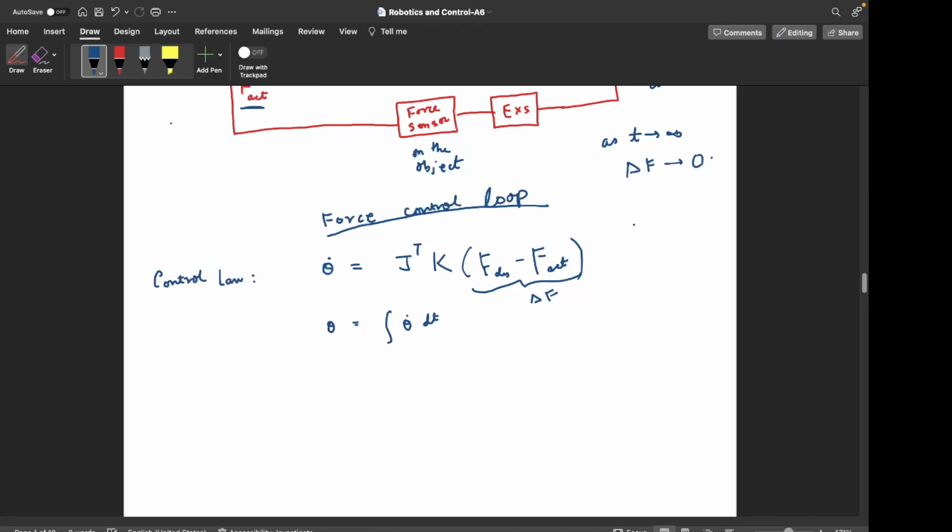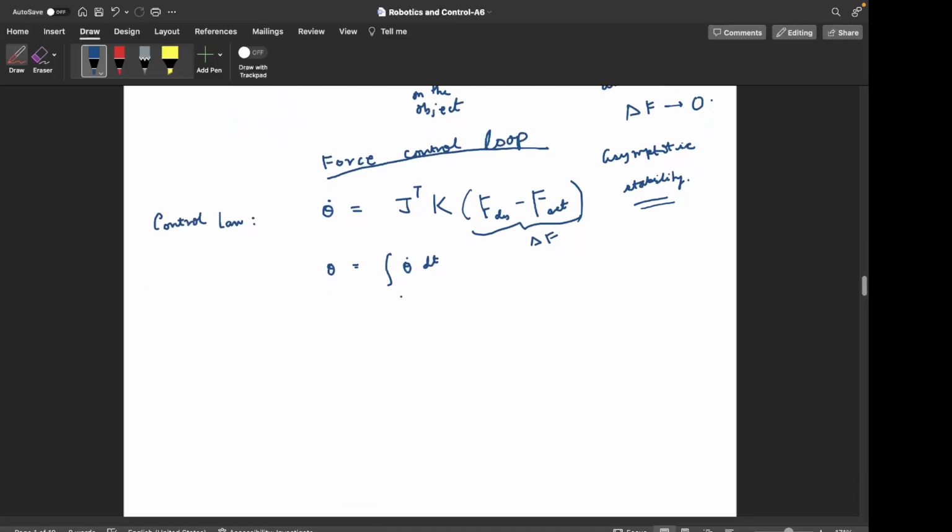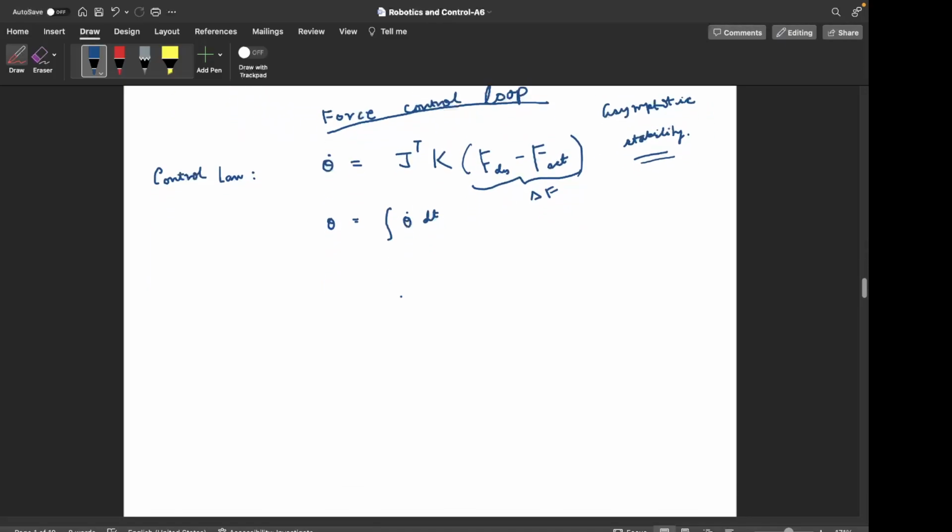And we call this asymptotic stability. So this control law is asymptotically stable.